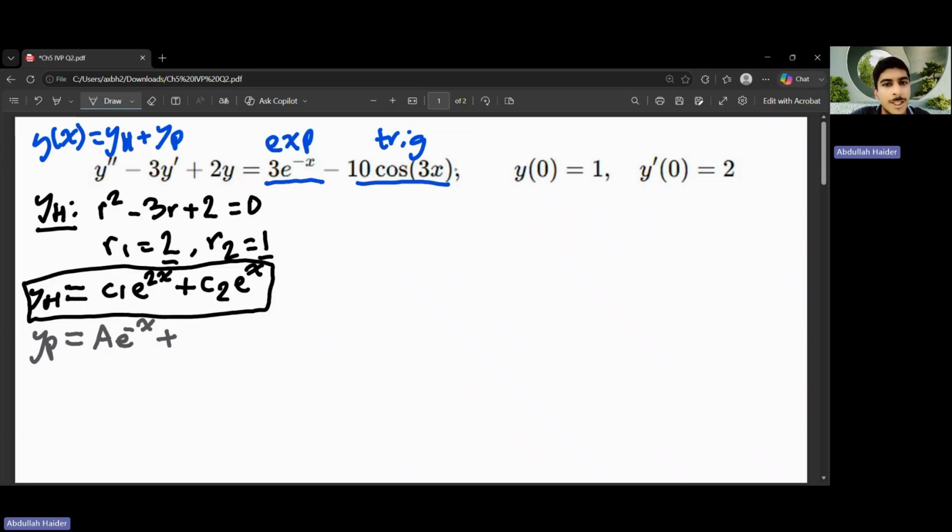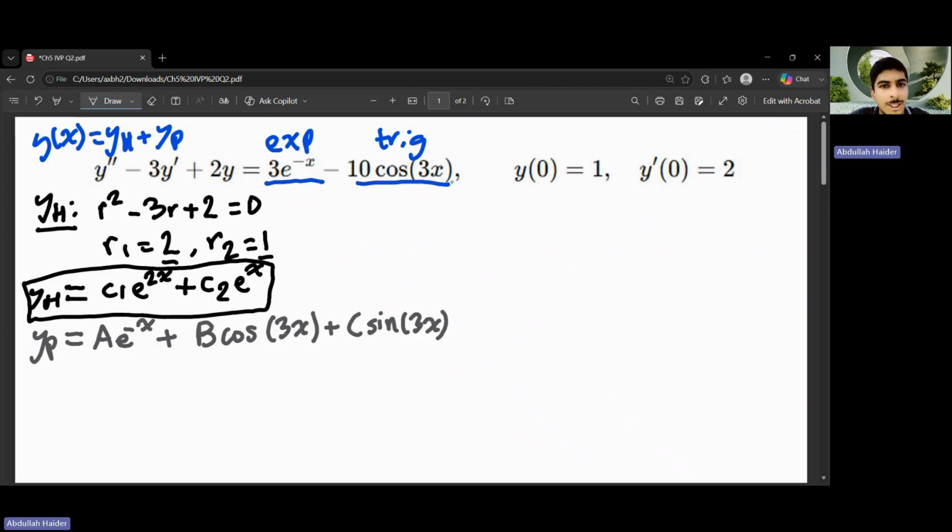So you have a cosine, and as I said before, if you have a sine or cosine, and sine plus cosine together, it always has to be b cos 3x plus c sin 3x. This is your yp.